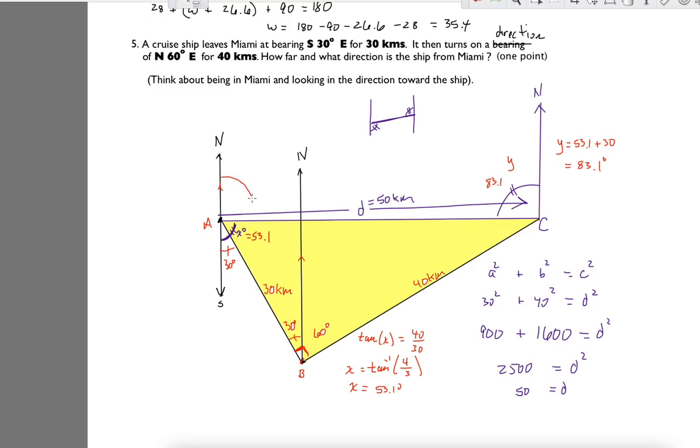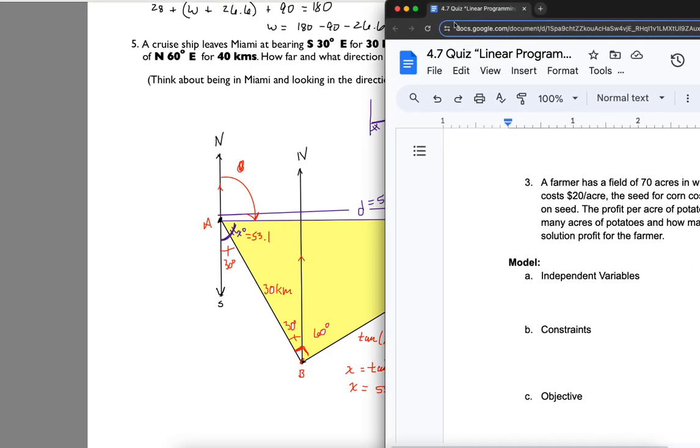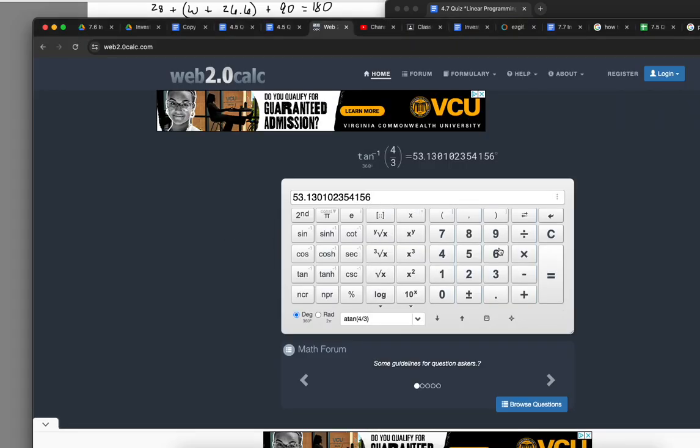So I really need this angle right here, which is fine because we know that these two angles are supplementary because they're same side interior. So let's redo this: 180 minus 83.1.